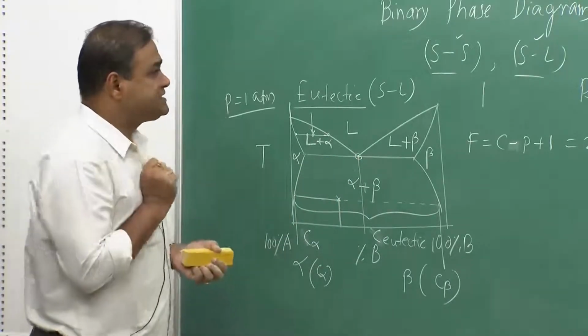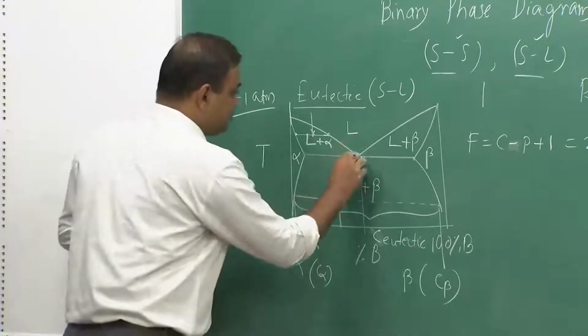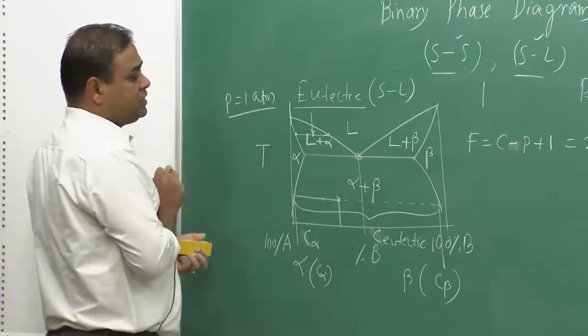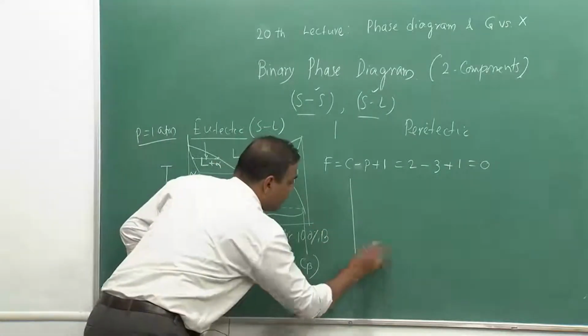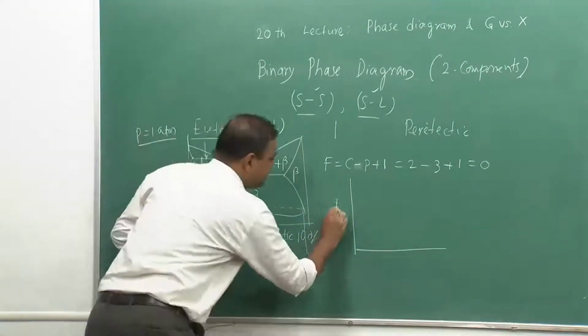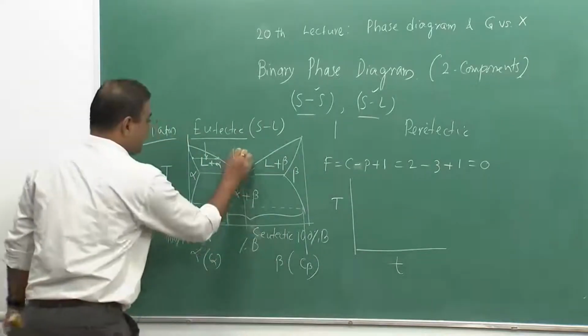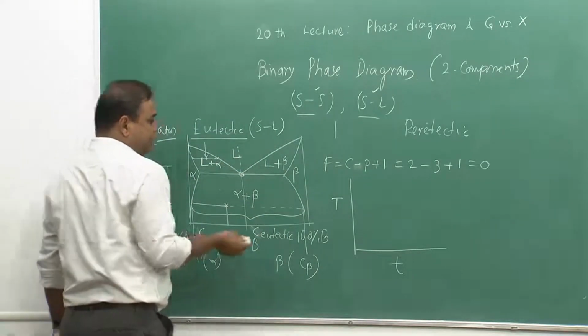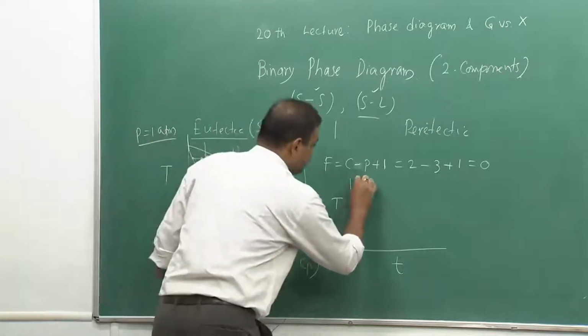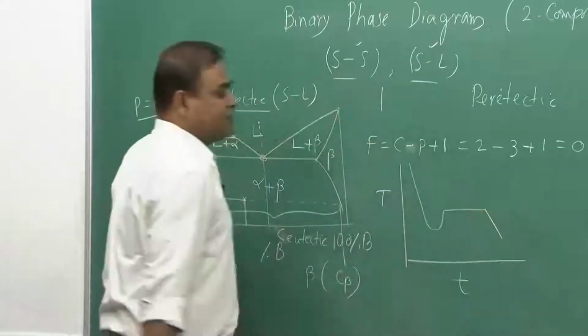Now, interestingly, let us see, if I try to draw a cooling curve, temperature versus time, if I take the liquid of eutectic composition, the cooling curve would look like this.